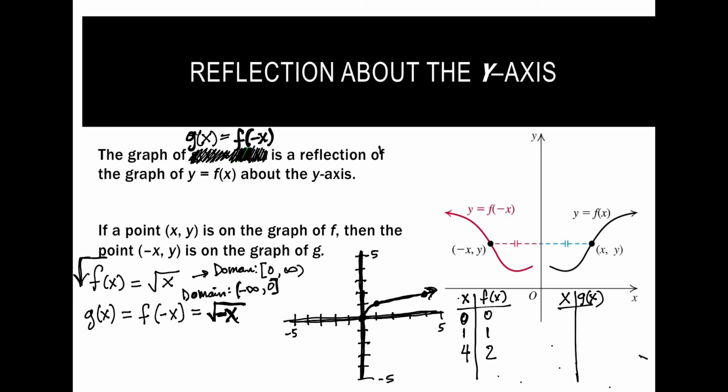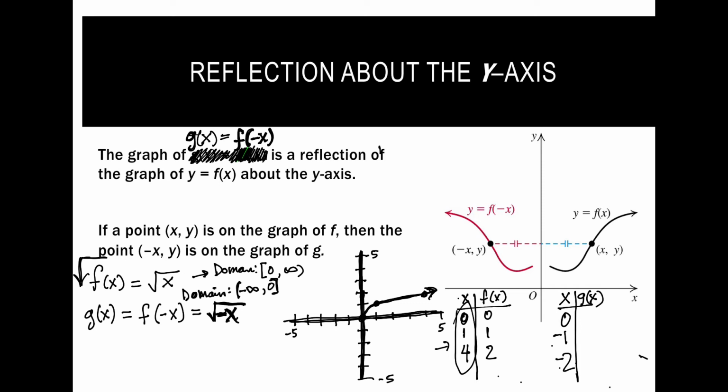So by putting a negative with the x, I'm not making it the negative square root, but rather the square root of the opposite values of x, so the opposite domain. I've changed the values that I'm allowed to plug in. So I can't even use the same set of values here. I would have to use the opposite of those values, 0, -1 and -4.